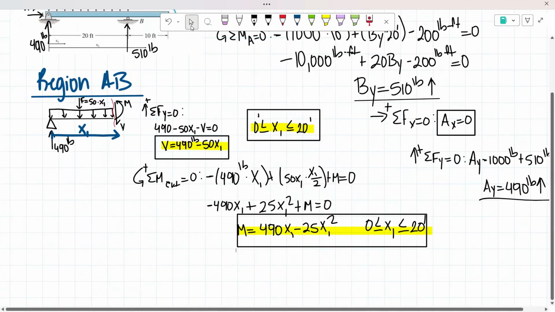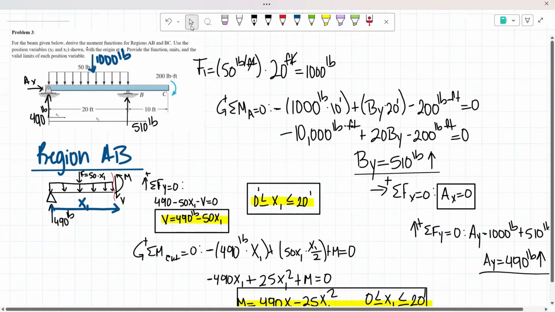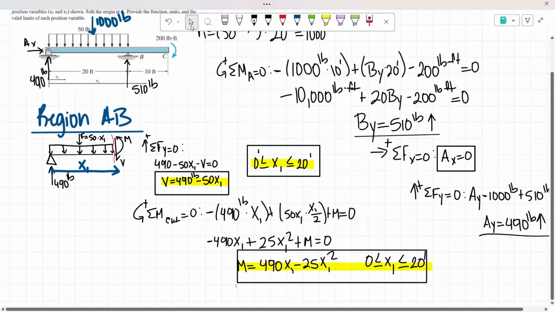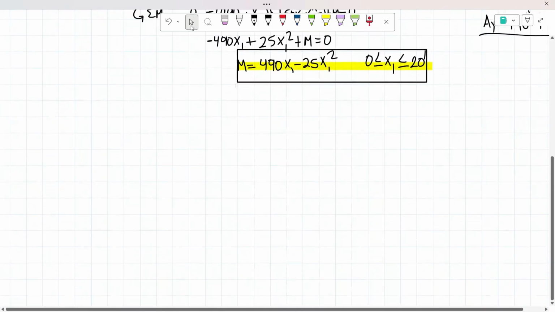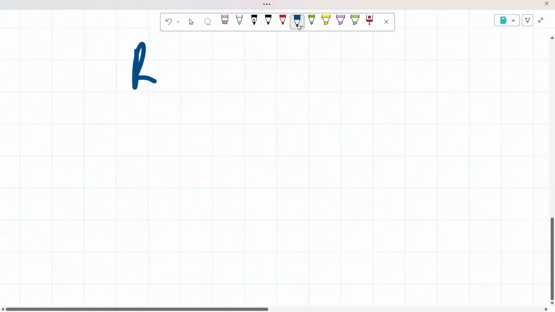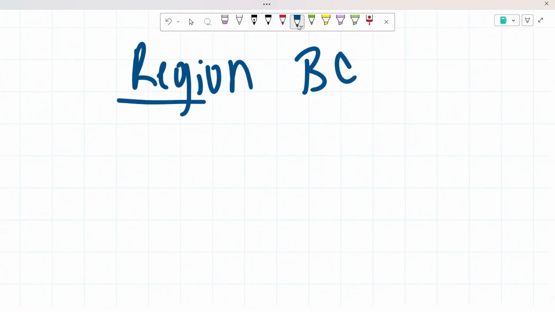So now our next step would be solving for region BC. So this would be if the cut is past that B point. So we have region BC.